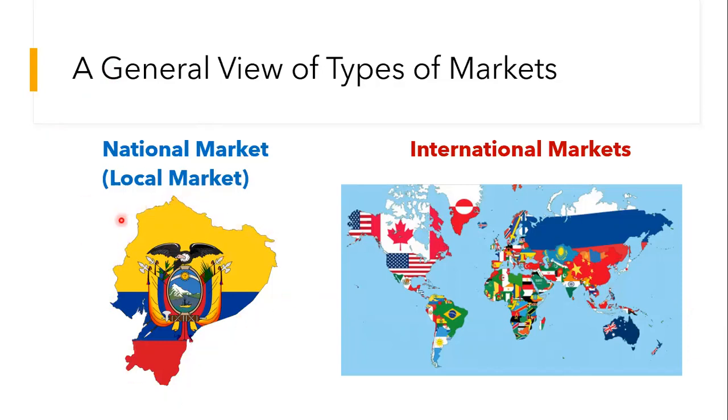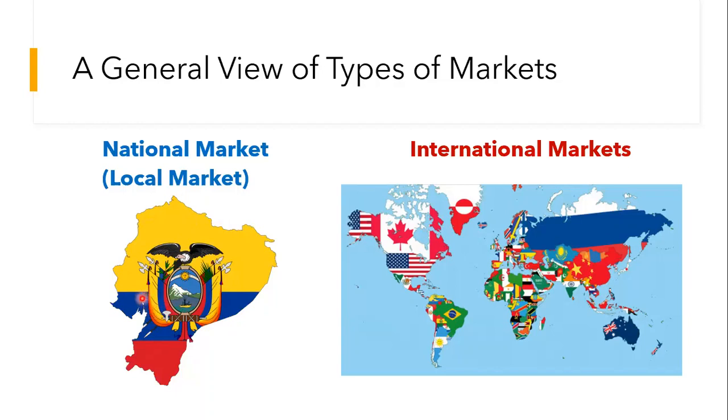You buy and sell products, or you produce products, touchable or untouchable, and you sell them inside this territory. So you're going to sell from Guayaquil to Cuenca to Napo to Loja to different places. So that's a national market.